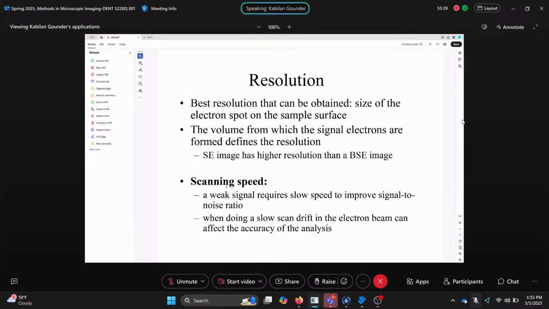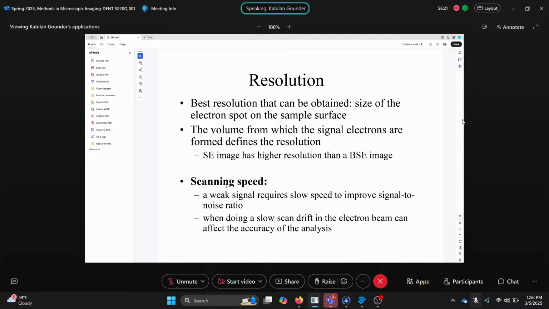Here we are going to deal with many samples and see higher magnifications, like 300,000 times. When you increase the magnification, the resolution should be maintained. The best resolution that can be obtained depends on the size of the electron spot on the sample surface, and the volume from which the signal electrons are formed defines the resolution.